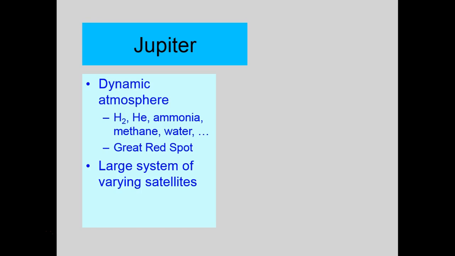Now that's just my guess. But anything else going by, there's a good chance Jupiter has hung on to it. So, a large system of varying satellites, meaning moons. All our book says is tens of moons. I think that's 5 or 6 tens of moons, 50 or 60. Some of the smaller ones are still yet to be discovered.